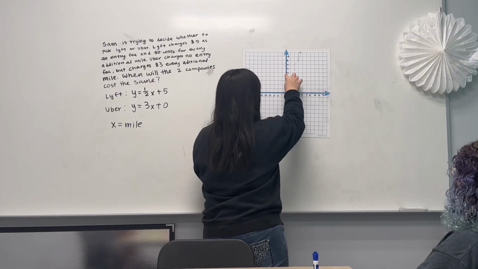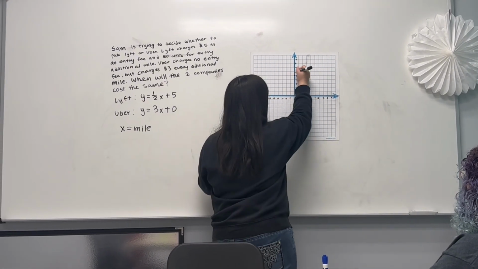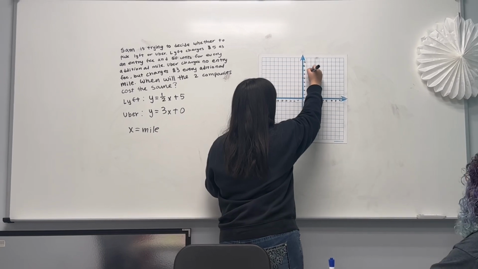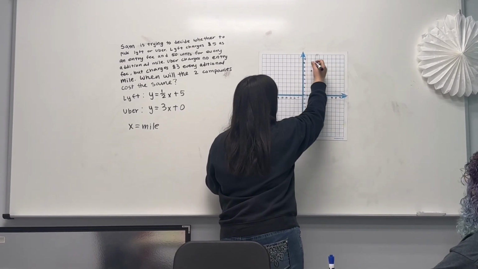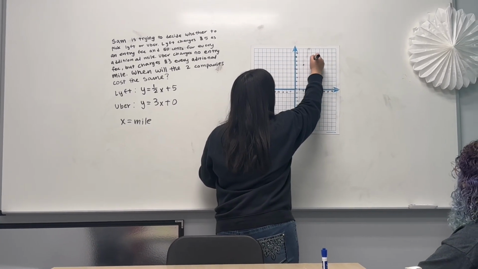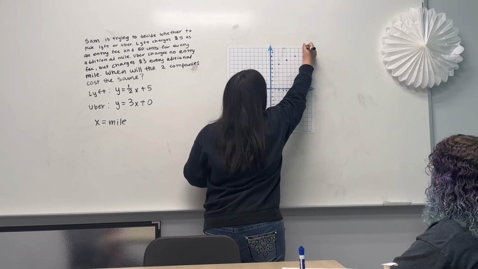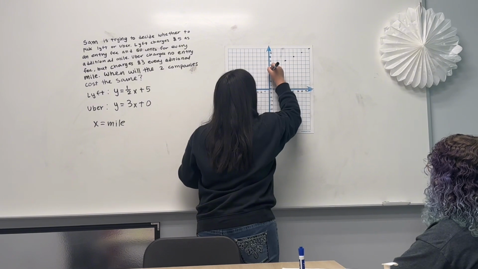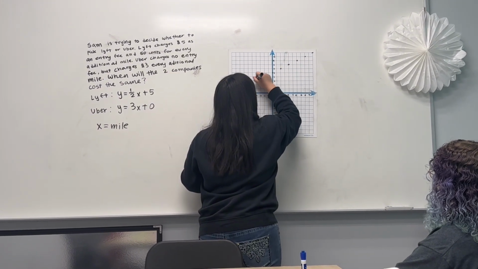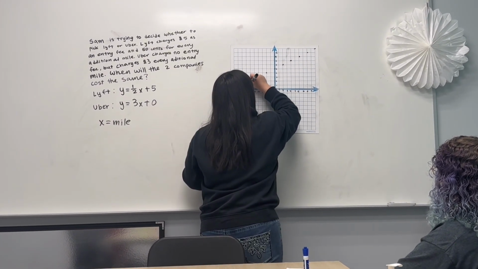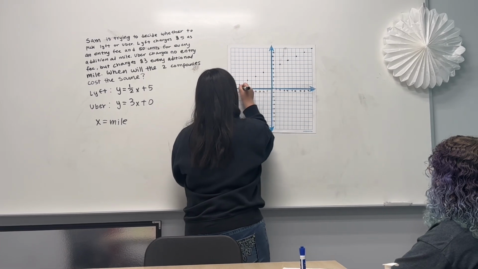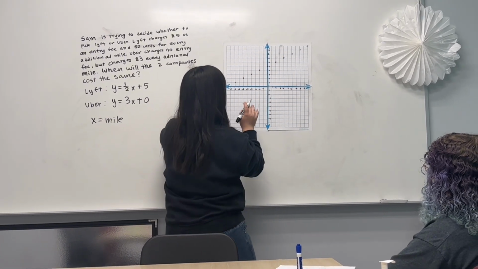Okay, so we're still gonna start at 5, but we're gonna go up by 1 and to the right by 2, up by 1. Okay, and then that's our line for Lyft.